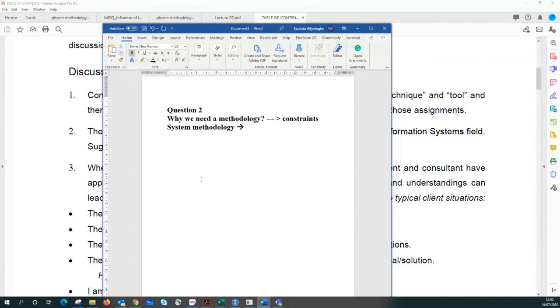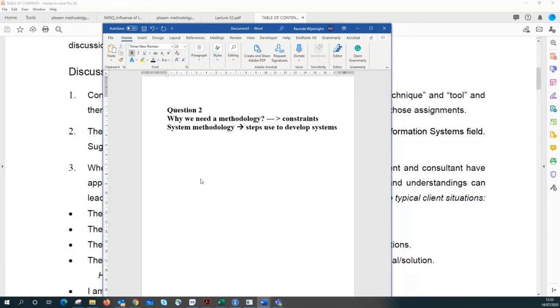You can mention that it refers to step-by-step instructions or steps that we can follow to plan and control the process of developing information systems. It gives us a set of steps we can use to develop systems, or plan and control the development of information systems in the organization. So you can mention that in the answer, right?